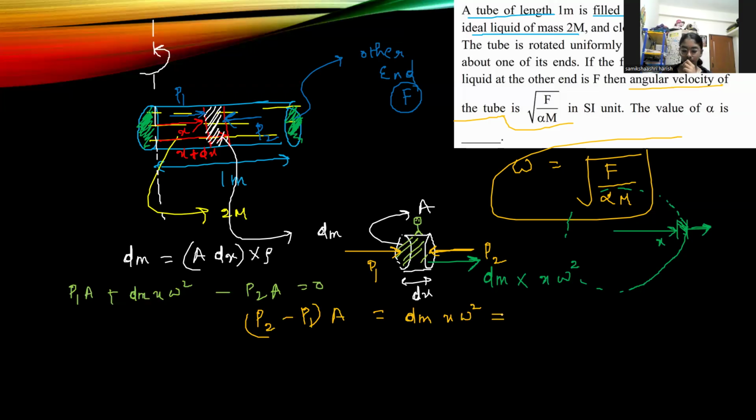And what is dm? dm is A dx rho, where rho is the density of the fluid. So P2 minus P1 into A is a small force, dF, equal to A rho omega square x dx.